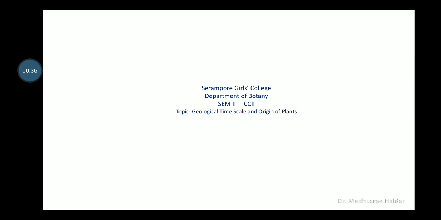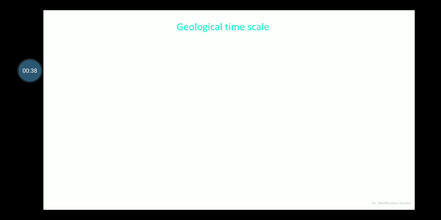So, first of all, what is geological time scale? Geology means study of the formation of earth. Here are two different words, that is geo and logos. Geo means physical formation of earth and logos means study.